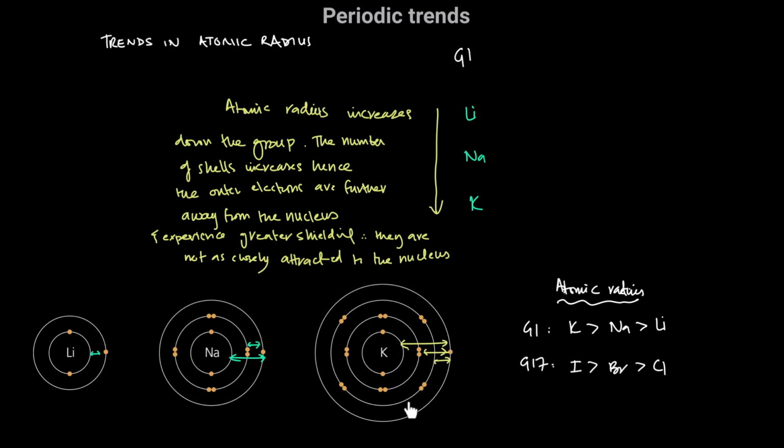But in this case, the increasing number of shells and the increase in distance and shielding outweigh the increase in nuclear charge. Okay, this outweighs the increase in nuclear charge. So I'll write that down. Okay, the increase in the number of shells and the increase in shielding outweighs the increase in nuclear charge.